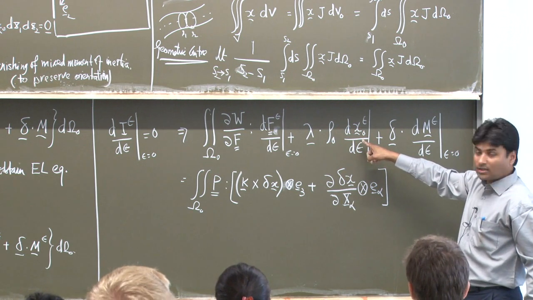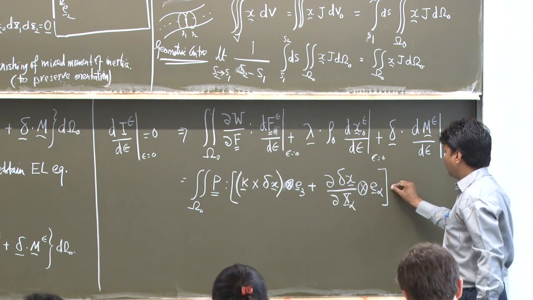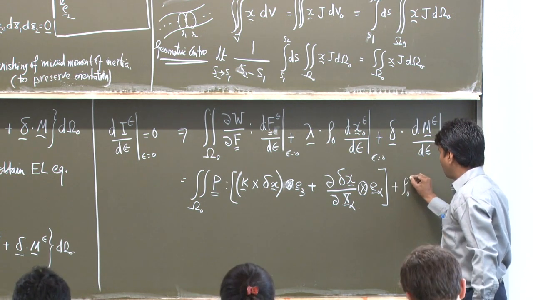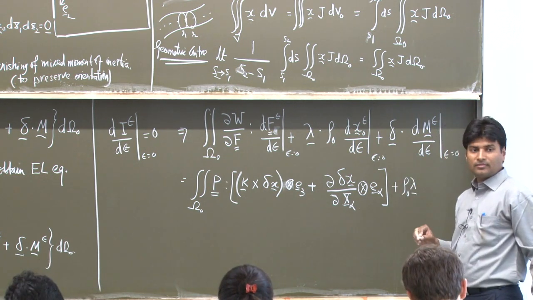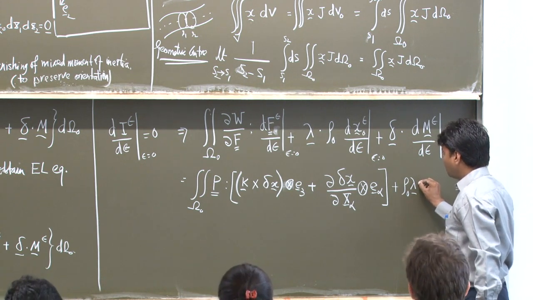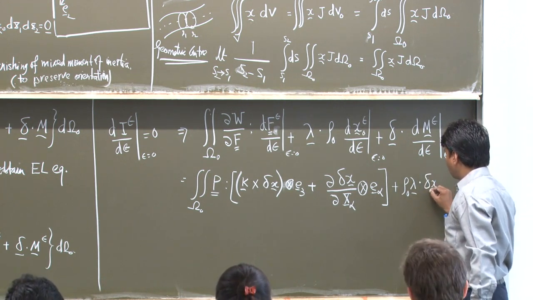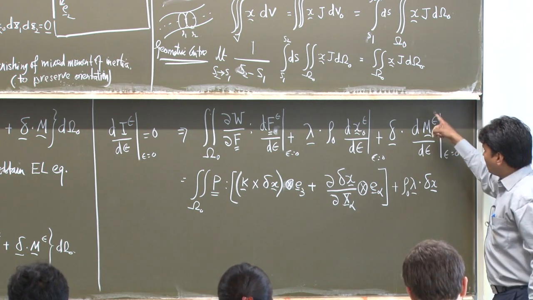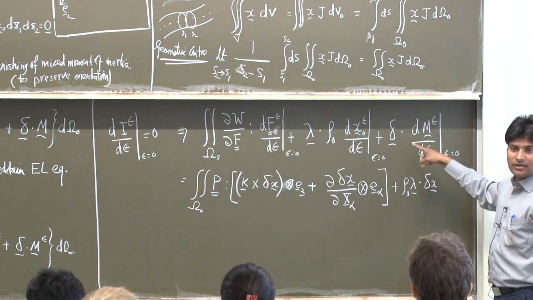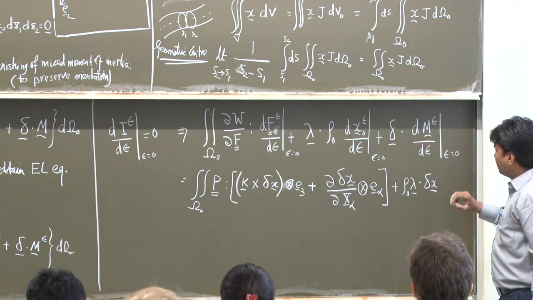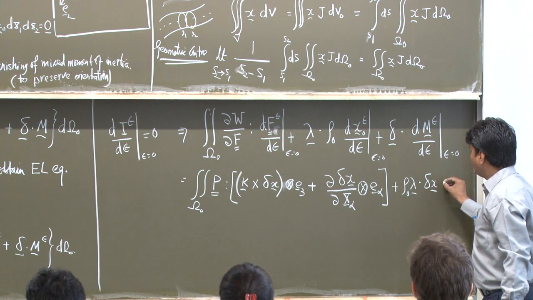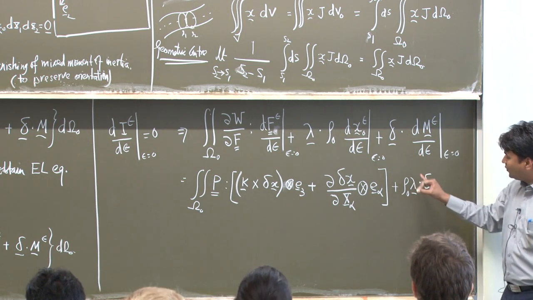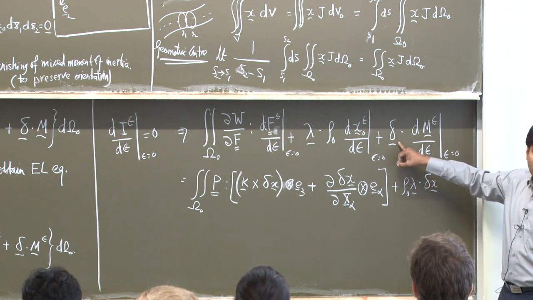Then you look at the second term, plus rho naught lambda dot del x, and then you have the last term also over here, and okay, you don't have to confuse this del with this delta over here.